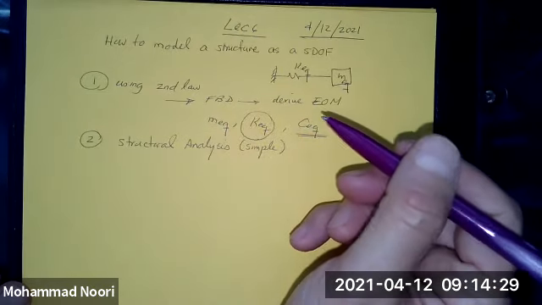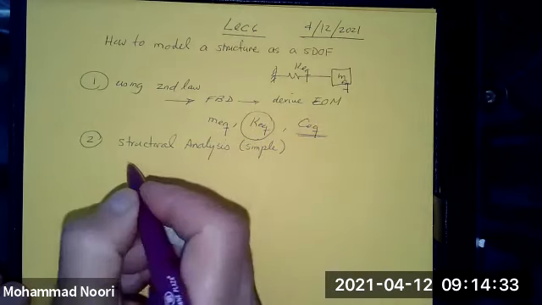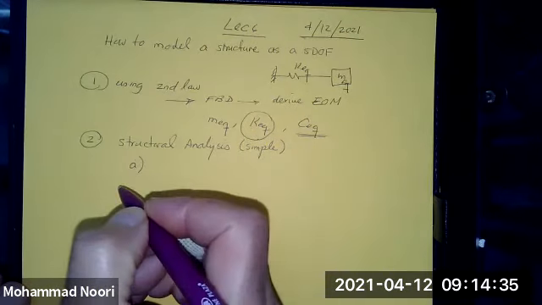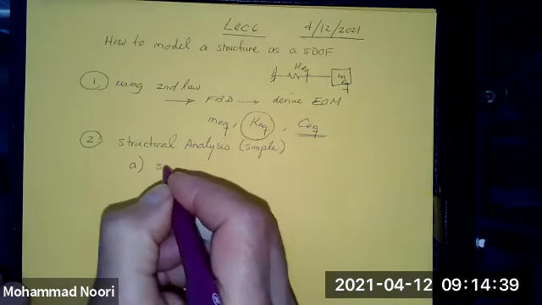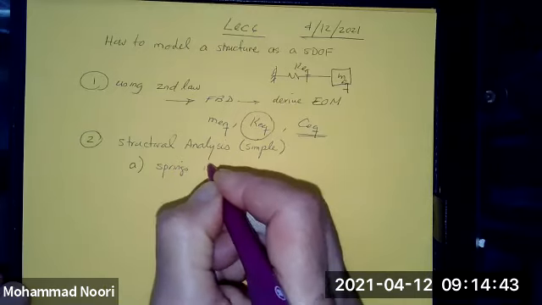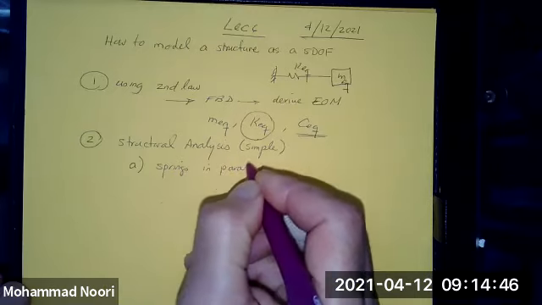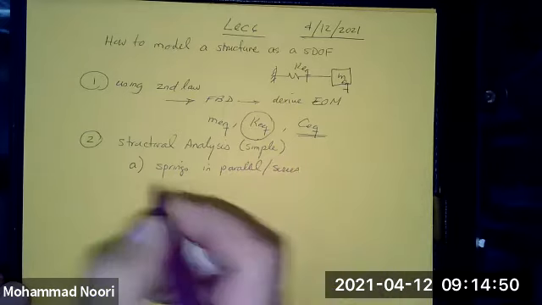And the stiffness has nothing to do with dynamics, it's a static property of the system. So we introduced a special case when you have the stiffnesses or springs in parallel or series, okay? That was for a special case.